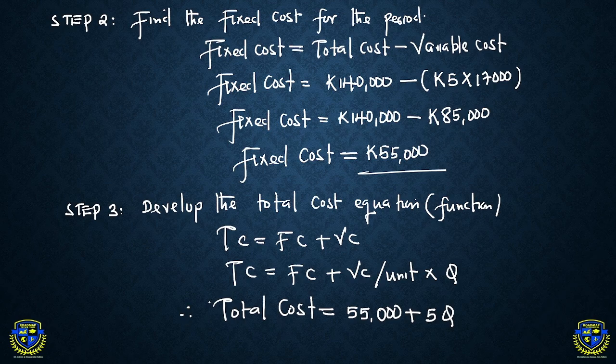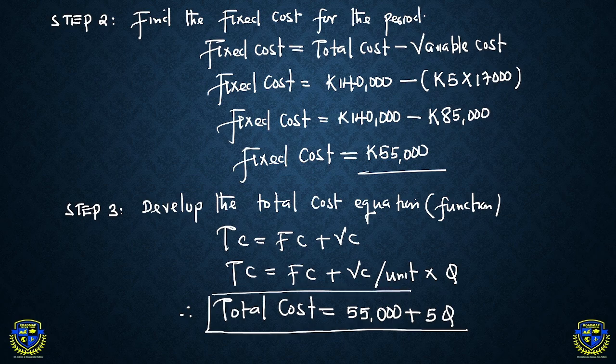This total cost equation can be used to help us forecast what our total cost is going to be when we want to produce any unit. So we'll go back to the question now, knowing that our total cost is equal to 55,000 plus 5Q, which is a quantity.